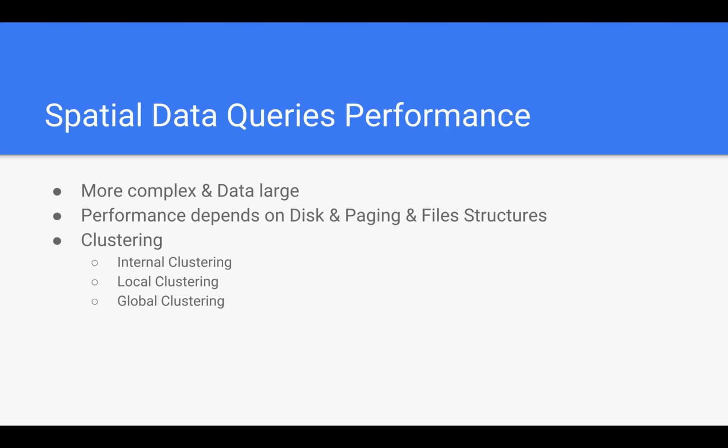So usually the computation of spatial data types is more complex than the traditional one, and the data for the spatial data is usually larger, and the performance of operations depends on the disk, like how the head moves inside the disk, and how the memory management works, like how to keep all the data inside the memory instead of swapping in and out between memory and disk.